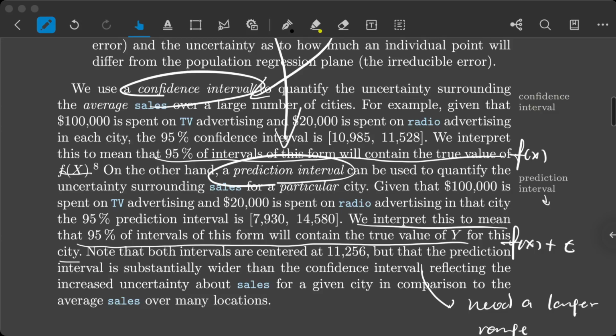Besides all this, we also have the uncertainty of epsilon, which is the internal uncertainty over the data. In this case, we have a broader range. To answer this question, we need to add another Gaussian. So we can see that the prediction interval is larger than the confidence interval.